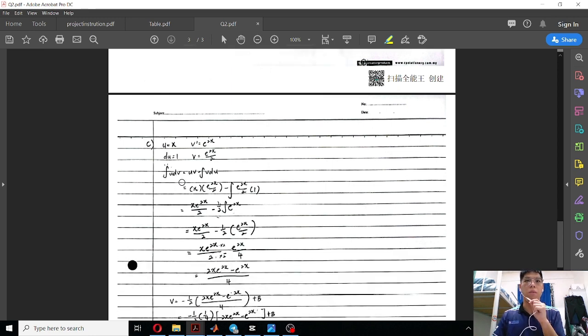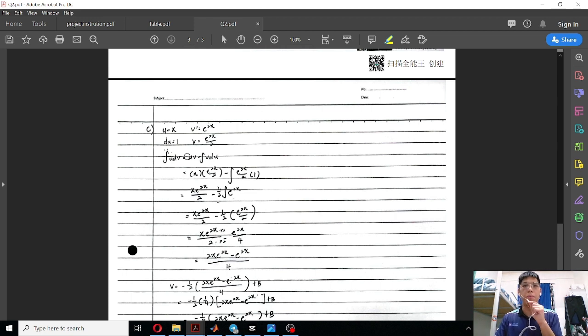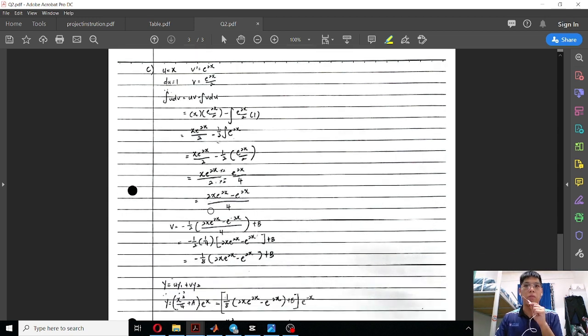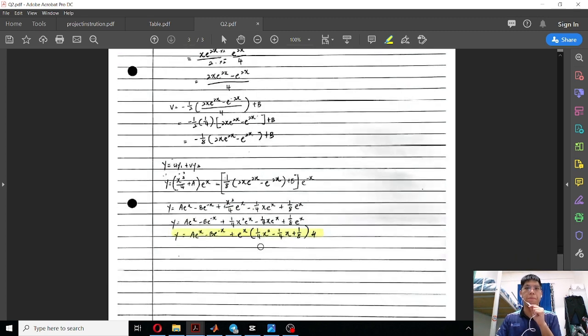After using the integration by parts method, we find the value of v is negative 1 over 4 times (2x e to the power of 2x minus e to the power of 2x) plus b.